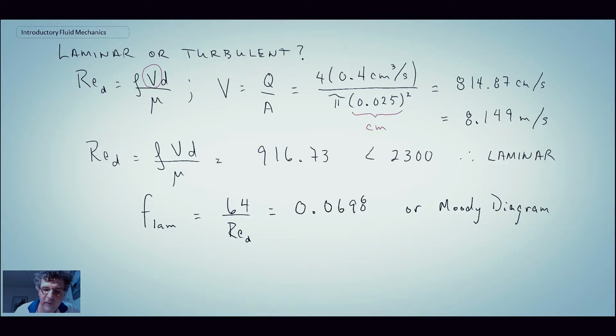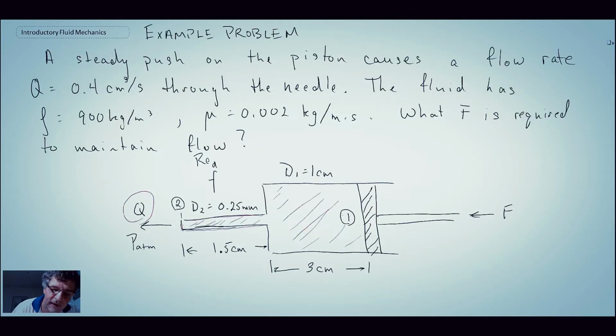Once we have the friction factor, we feed it into the Darcy-Weisbach equation, which will tell us what the head loss is in this section of the syringe. So we're going to determine the head loss due to laminar flow in that section.